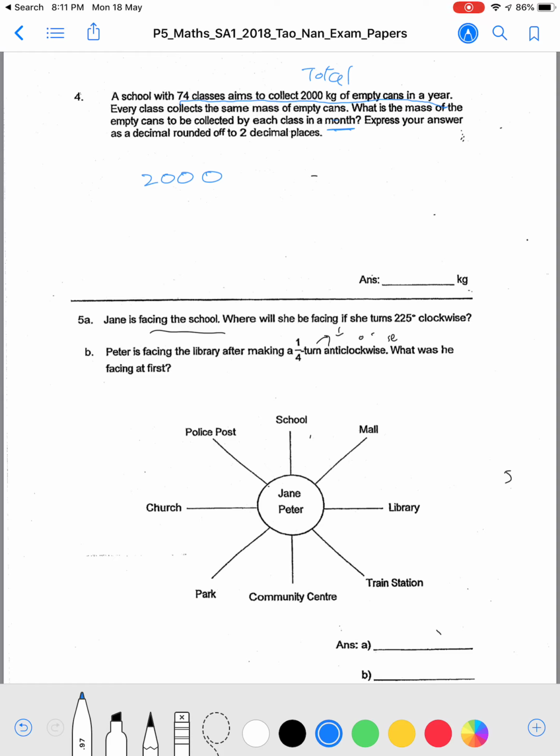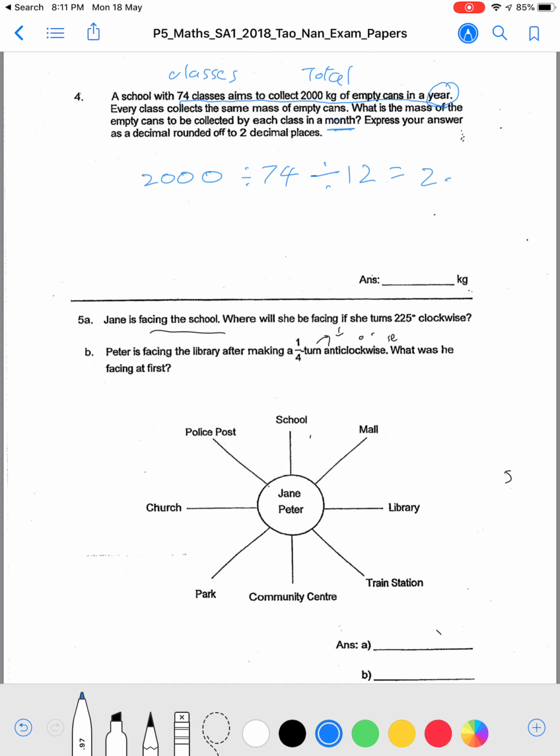The total has to be divided by the 74 classes. Okay, but this is still in a year. But how do you change year to months? You have to divide by 12 again. So that's the answer. Okay, so 2,000 total divided by the total classes divided by 12 months.